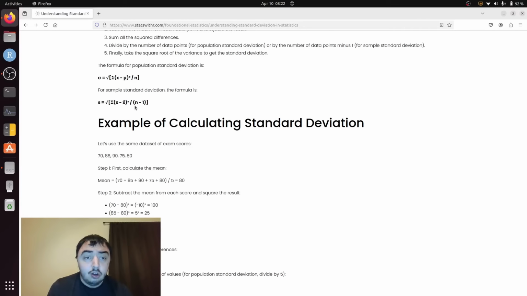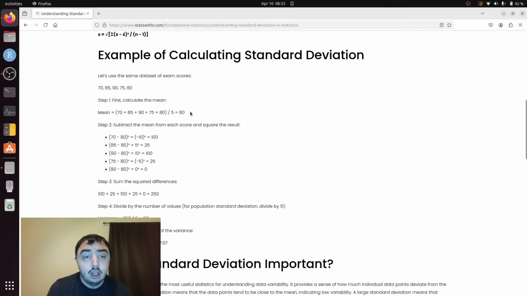As n gets larger, the effect of the minus 1 diminishes, but for smaller samples, the minus 1 serves to increase the estimate of the variability closer to what the population would show.